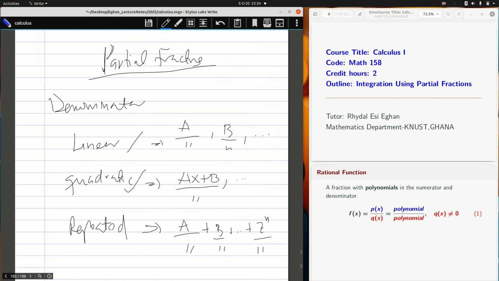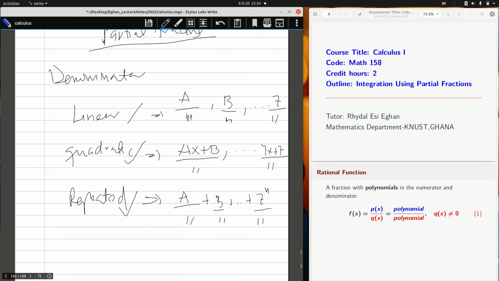If it's linear, we take A over whatever denominator we have, through to the last over the denominator. If it's quadratic, we have Yx plus Z over whichever quadratic factor we have at the denominator. When it's repeated, we take it to the last term.